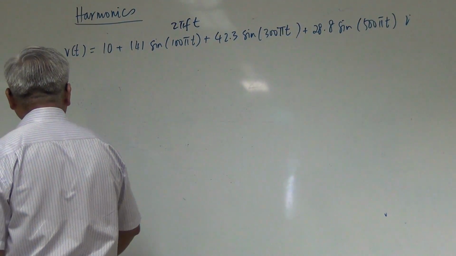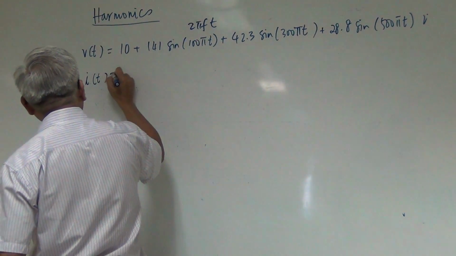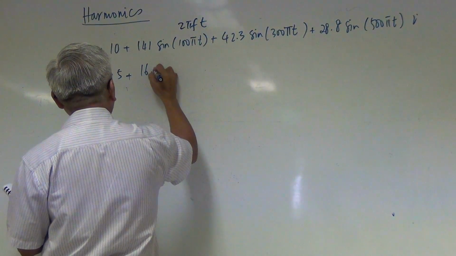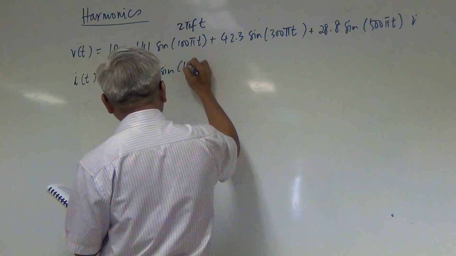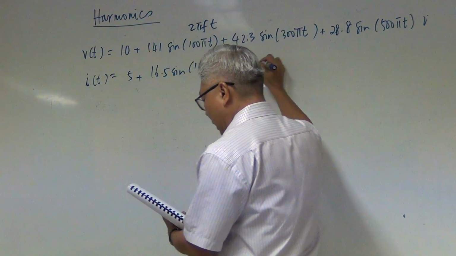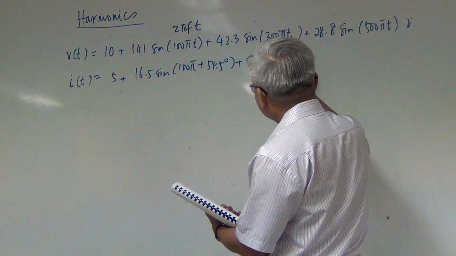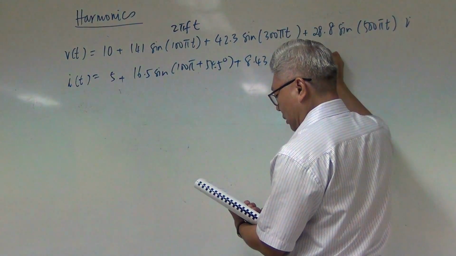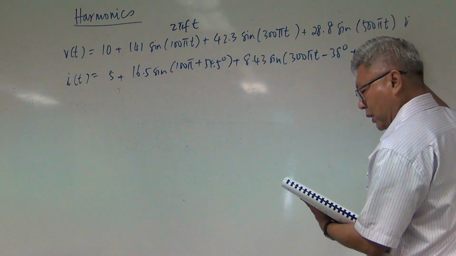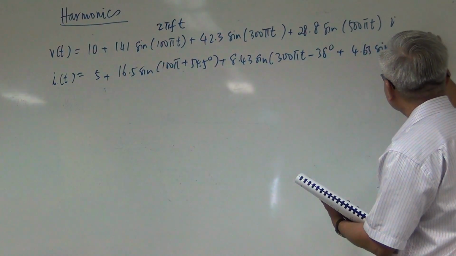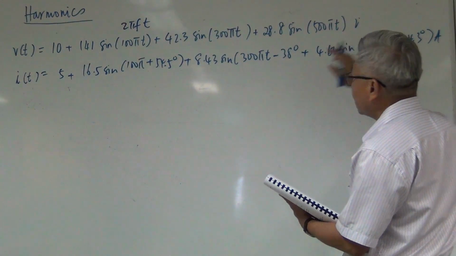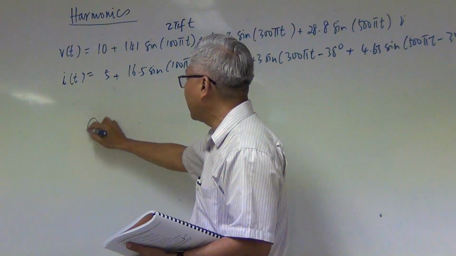Now the IRMS: if I have the current waveform, which is equal to 5 plus 16.5 sine(100 pi t plus 54.5 degrees) plus 8.43 sine(300 pi t minus 38 degrees) plus 4.65 sine(500 pi t minus 34.3 degrees) ampere. So this is the current. In other words, I'm having an AC system.